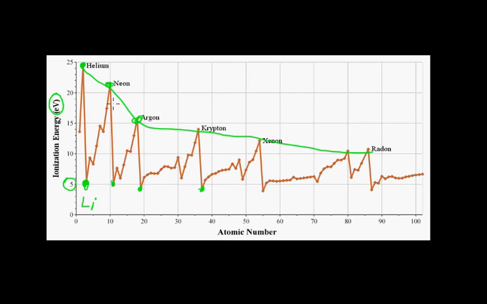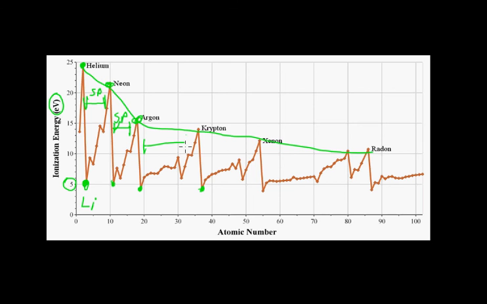Now, some of you may be wondering why these spaces get larger as we go across. Here you only have S and P block elements. Here between neon and argon, you also have S and P block elements. But going from argon to krypton, the space gets bigger.